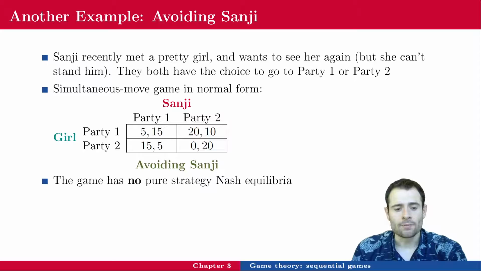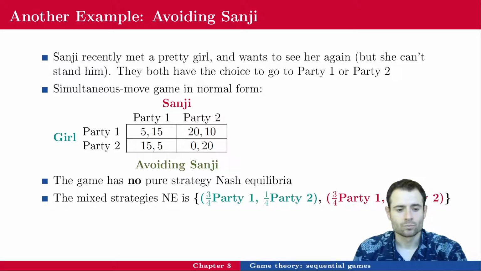So if you do cell-by-cell inspection, you will find that the game has no pure strategy Nash equilibria. But as said before, there is at least one Nash equilibrium, so it must be in mixed strategies. I suggest you do the computations at home and check if they match.